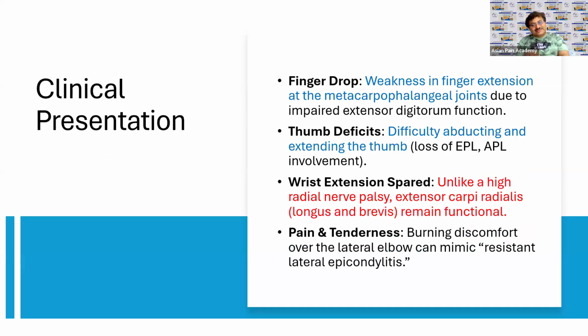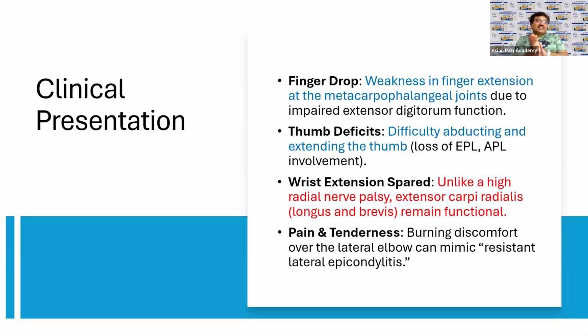Now, how does the patient present? Remember, here mostly the problem happens at the metacarpophalangeal joint. Basically there is finger drop and weakness in finger extension at the metacarpophalangeal joint. The thumb also cannot be extended or abducted because of extensor pollicis longus and abductor pollicis longus involvement.